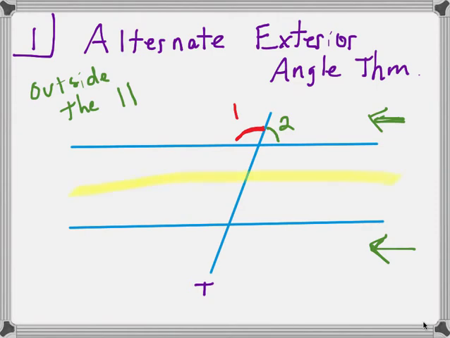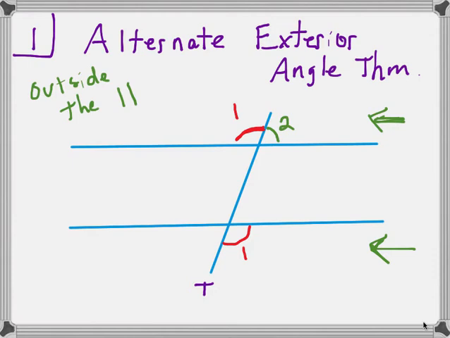So what this theorem says is that via the alternate exterior angle theorem, it forms two congruent angles.